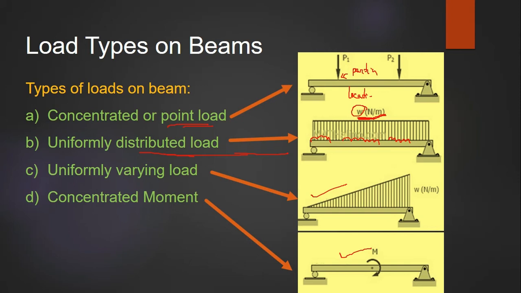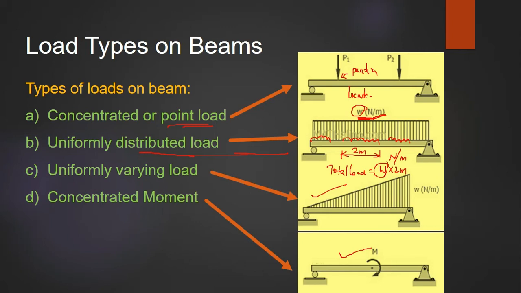If I say this span is 2 meter, then total load is equal to W into 2 meter, because W is nothing but load per meter.